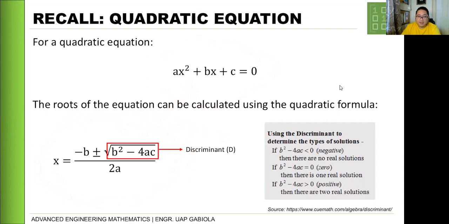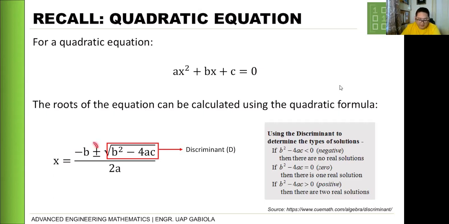Okay? And I hope you can still remember the formula, no? Kung hindi, at least please try to remember kasi this is very useful, especially when you are dealing with quadratic equations, no? So negative b plus minus square root of b squared minus 4ac over 2a.